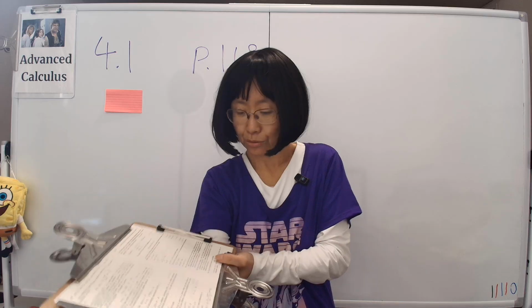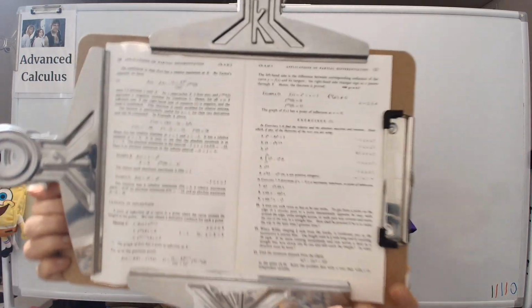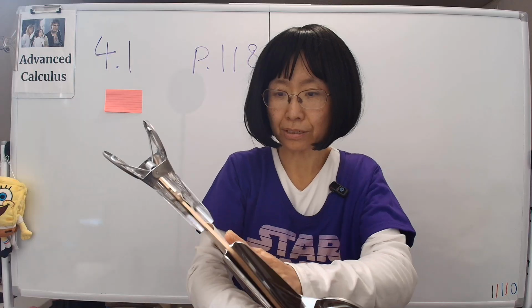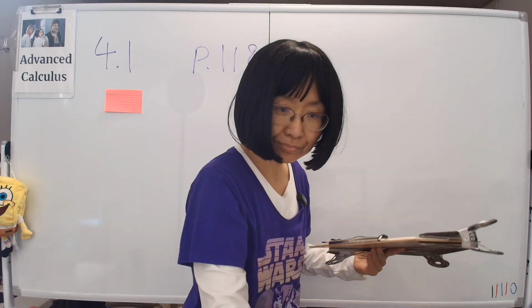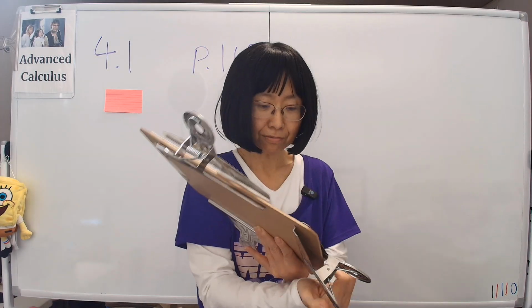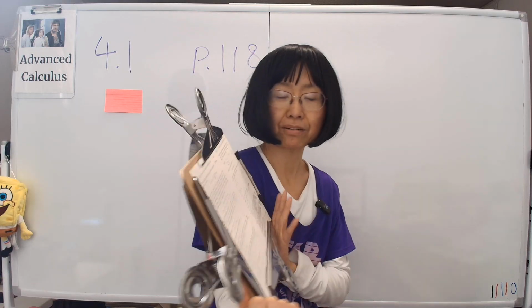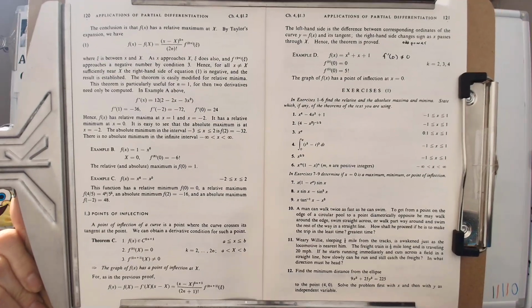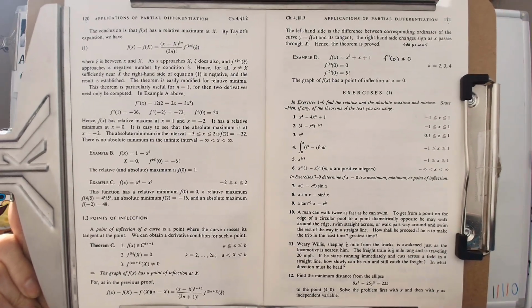Next, pages 120 and 121. Let's see. No, that's wrinkled. Why is it wrinkled? Let me fix that. It suddenly fixed itself. Maybe I was holding it wrong. Anyway, let's get back to looking at this page. Here are pages 120 and 121.